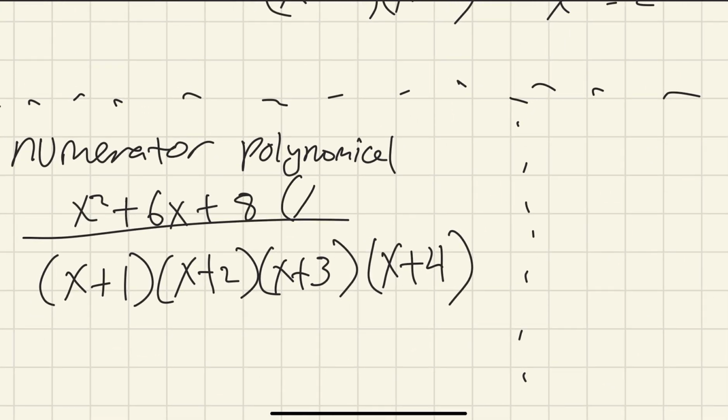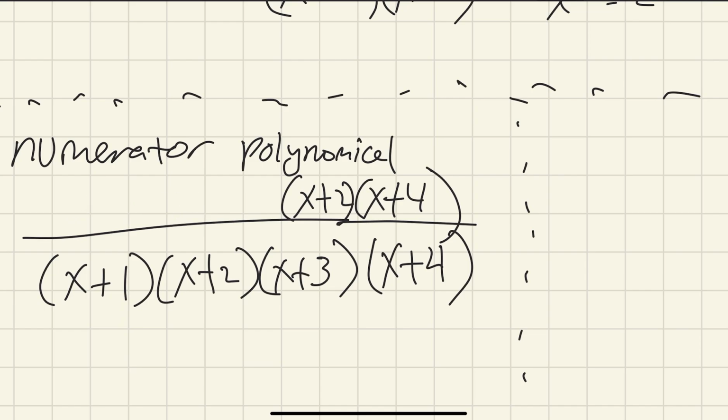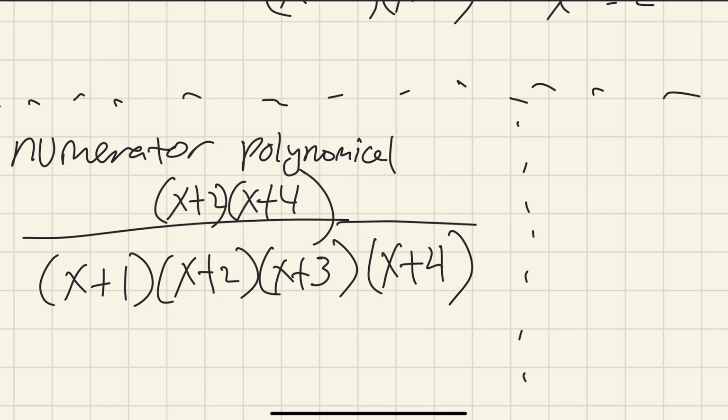So this would be x plus 2, x plus 4 if you factored it out. So we have to erase that. Bring that over here. And you can get cancellations.